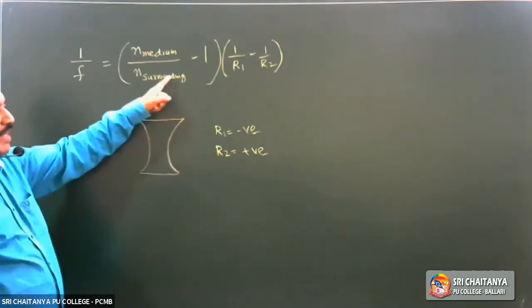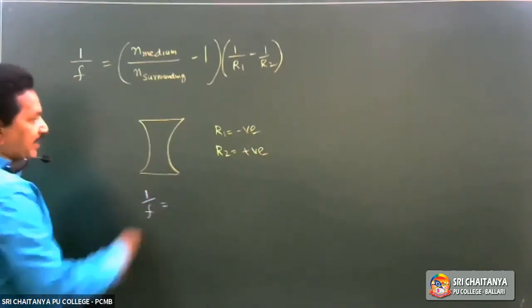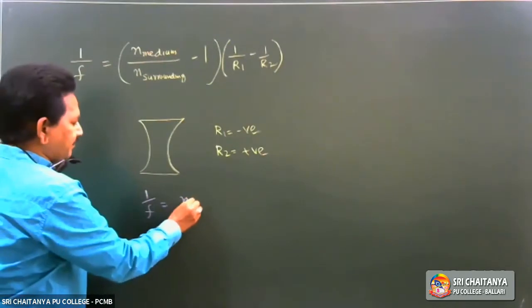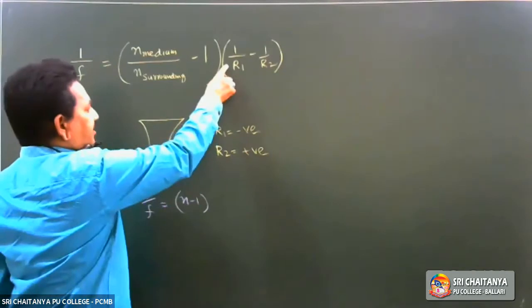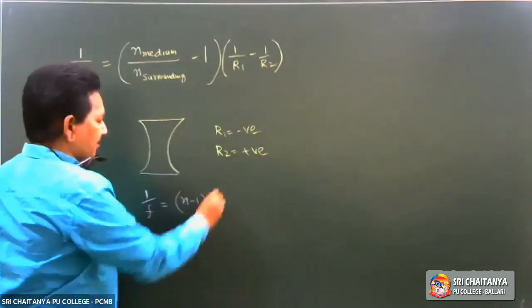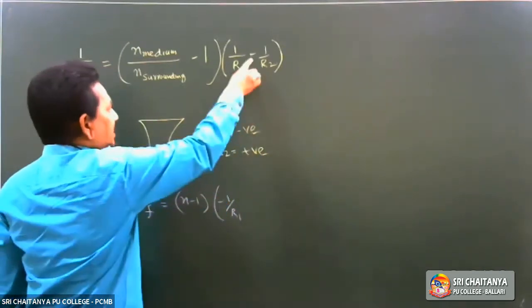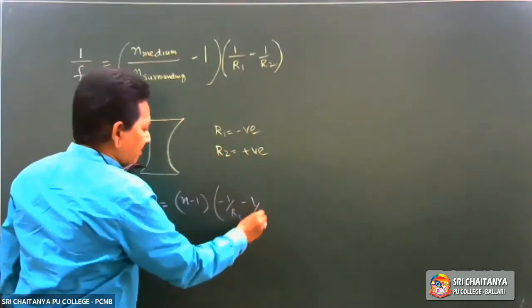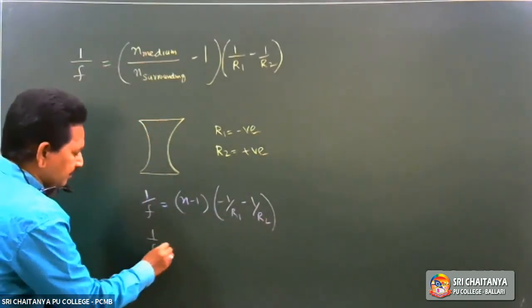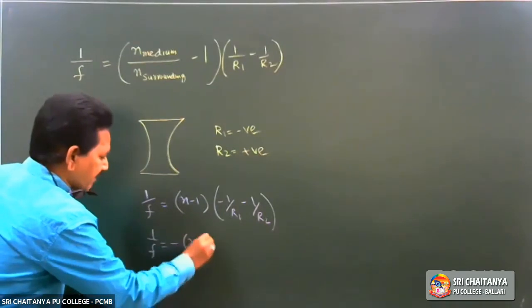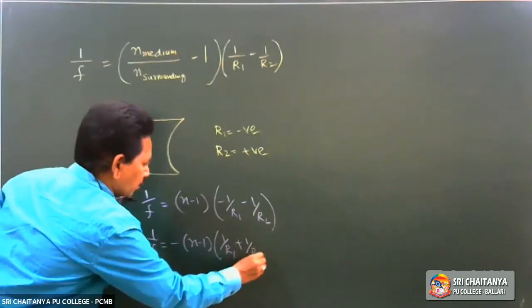Substitute in the main formula. That is 1 by f is equal to (n minus 1) into (minus 1 by R1 minus 1 by R2). So 1 by f is equal to minus (n minus 1) into (1 by R1 plus 1 by R2).